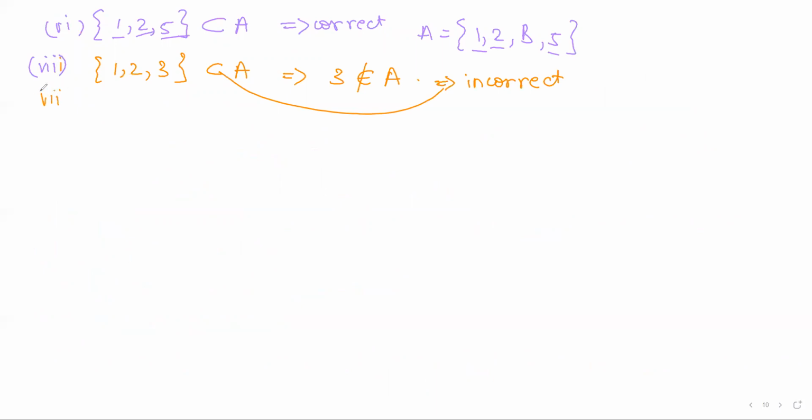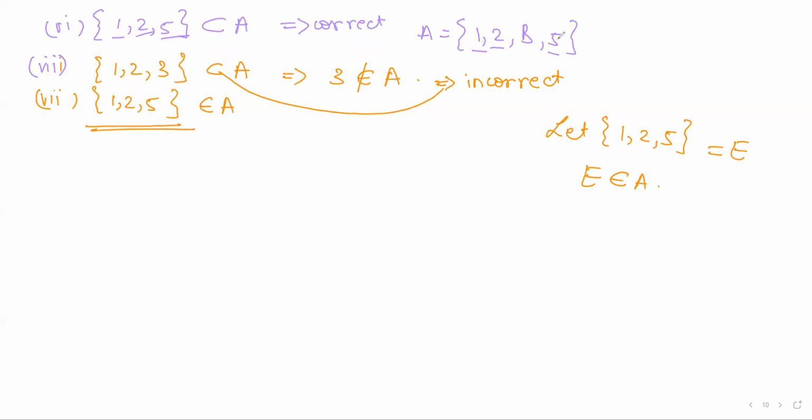Your 7th part is 1, 2, 5 belongs to A. Now, we have considered 1, 2, 5 to be set E, and your given question can be transformed as E belongs to A. Now we know that A is 1, 2, B and 5. So E is not an element of A. Hence the statement is incorrect.